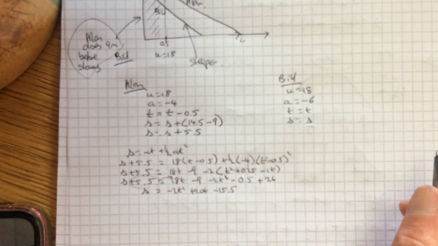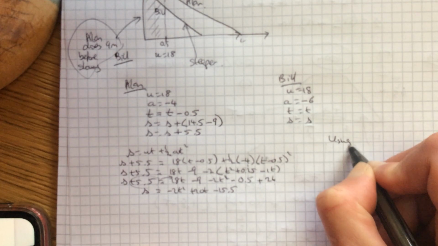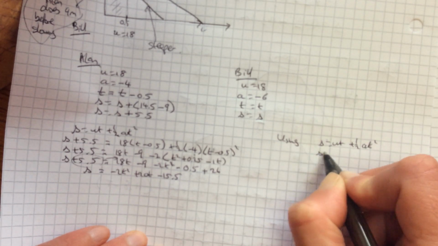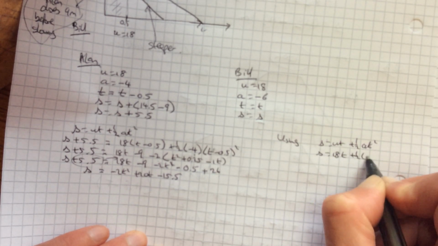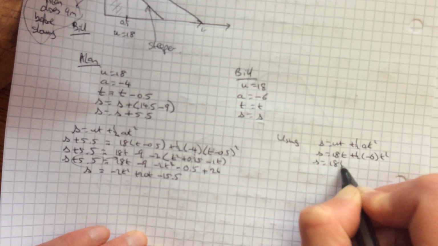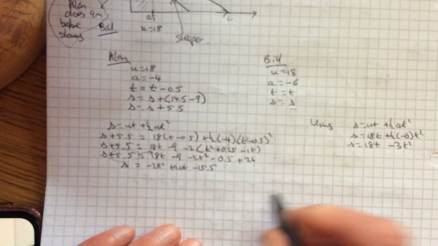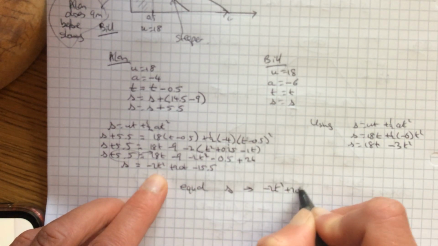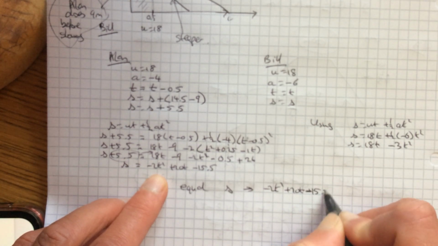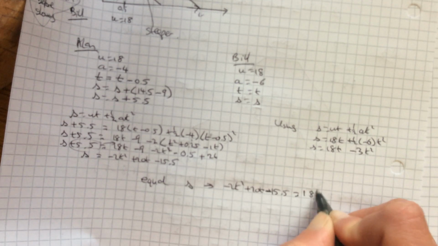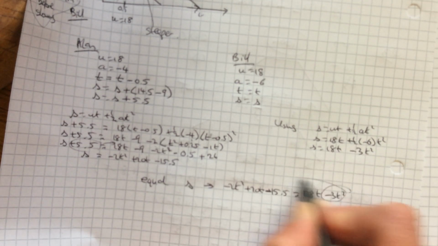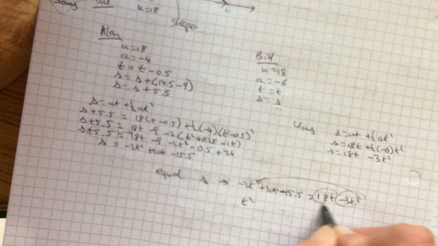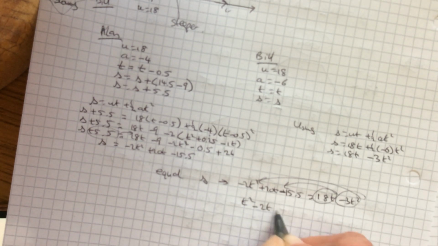Now if I do something similar for Bill, so for Bill, using S equals ut plus half a t squared. So S is 18t minus 3t squared. Those S's are the same. So equal S means this one of Alan's equals this one of Bill's. So quadratics, put everything on one side. So minus 2t squared plus 3t squared is t squared. 20t minus 18t is minus 2t.